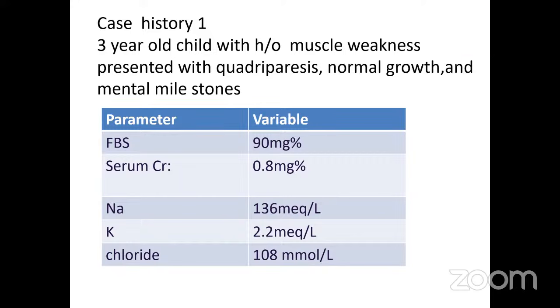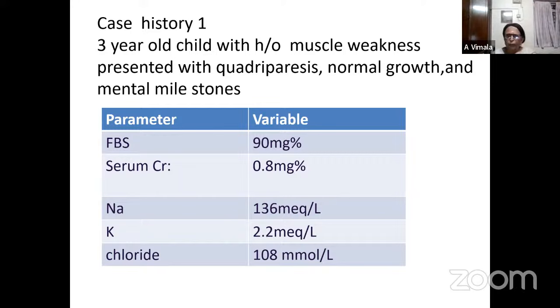This is the story of a 3-year-old child who presented with a history of muscle weakness, presented with quadriparesis. The child had normal growth and mental milestones. Routine examination flashed quadriparesis, but there was nothing else abnormal.